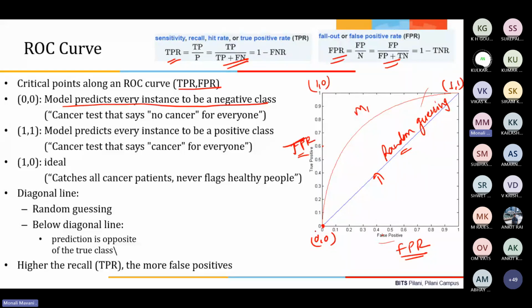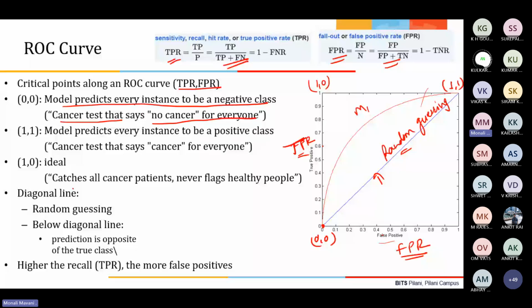That means there are no positive labels predicted. Everything will be predicted as the negative class. With respect to our cancer test, it says no cancer for everyone.